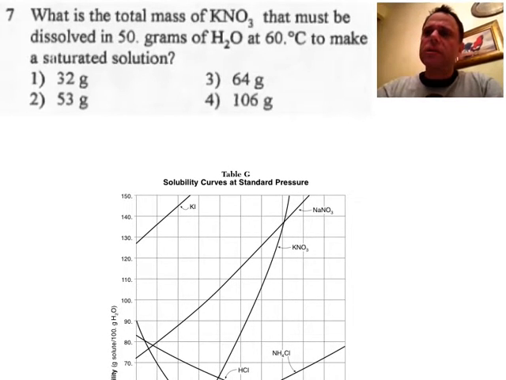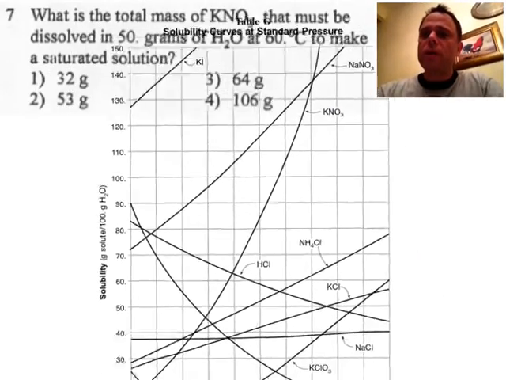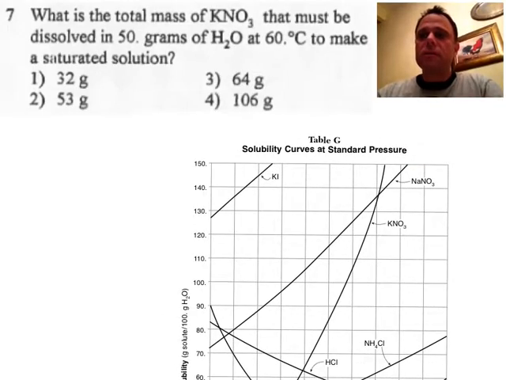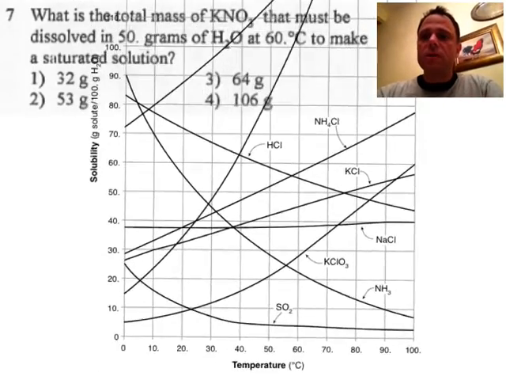We're looking at KNO3. Okay, so which line is KNO3? KNO3 is right here. All right, and the temperature that we need to inspect is 60 degrees Celsius.